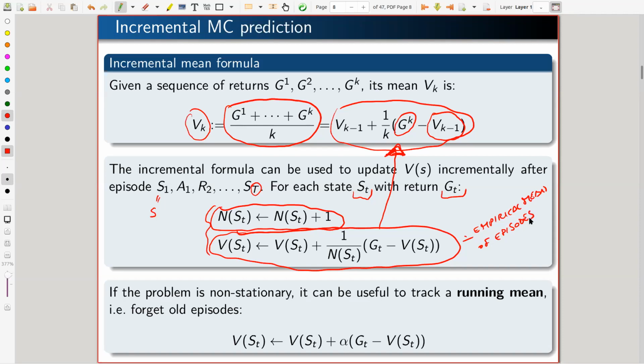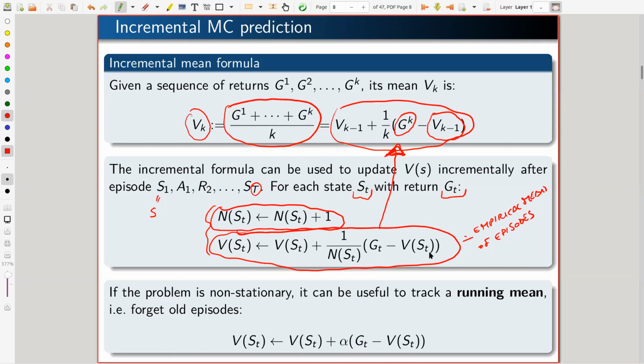Okay, so now I have a table, I have a vector storing for each state I visited during the episode, the empirical mean of the total return obtained up to that moment with episodes. Please ask questions because this part is very important. I don't want to go ahead.